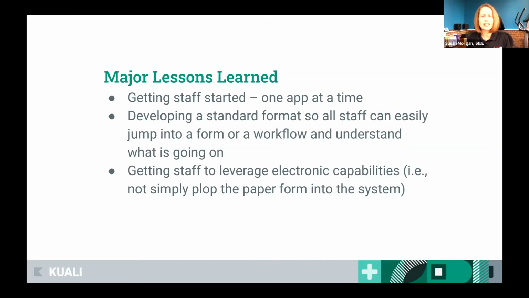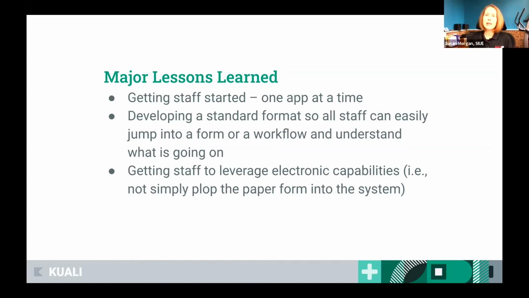And I found, which is bizarre to me, and I think it's my engineering background, that there's this tendency to just take the paper process or paper form and put it verbatim into the application. And SwiftGo is like, we don't need to ask for the submission date because they're going to hit submit and we're going to have when it was submitted. That's an easy example.